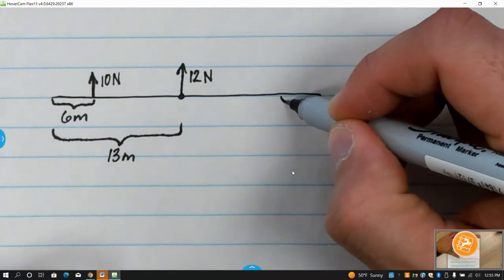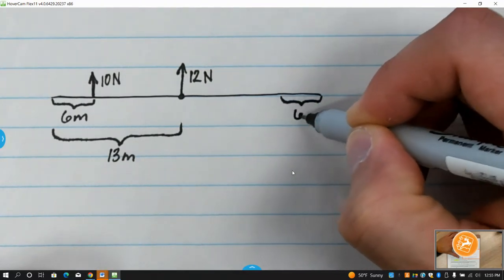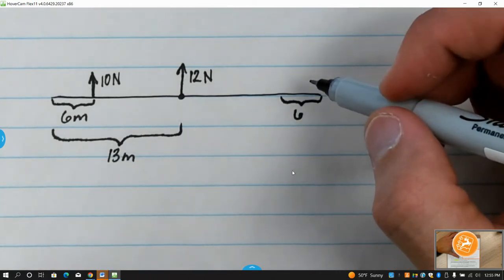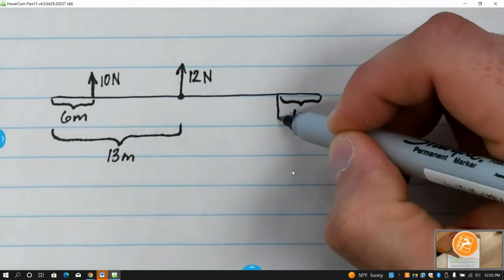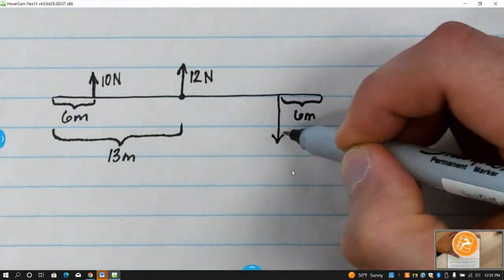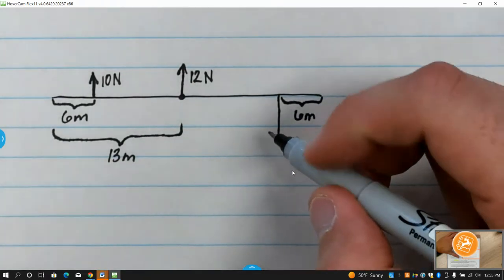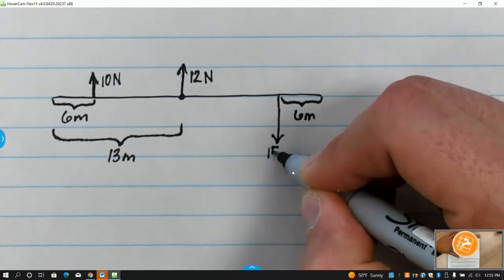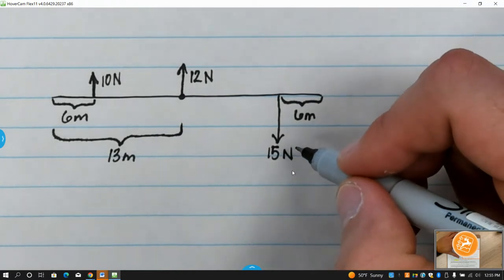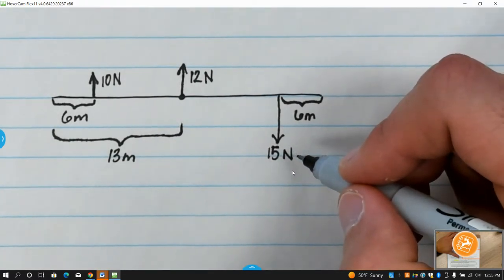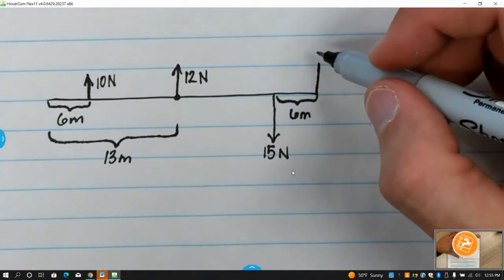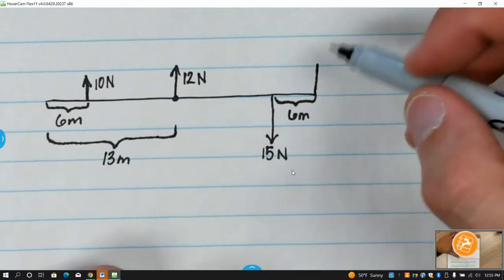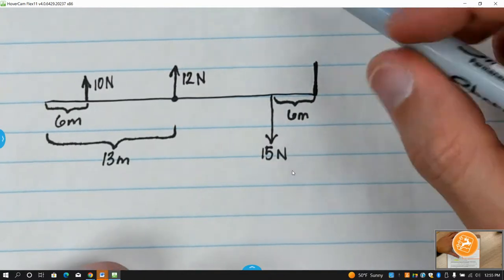We'll say that this one. Let's go with... What's a good number? 10, 12, 15.